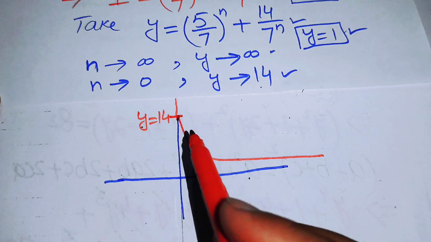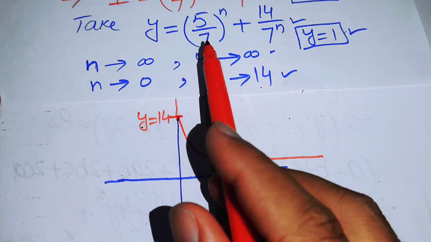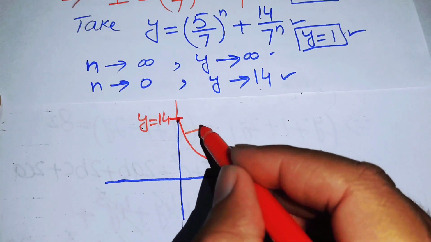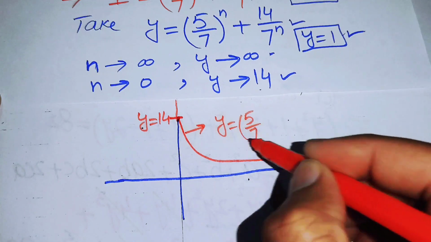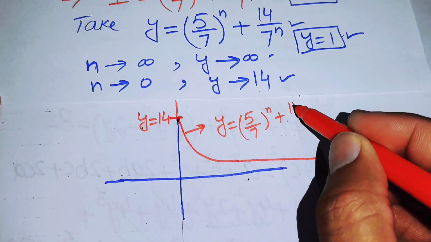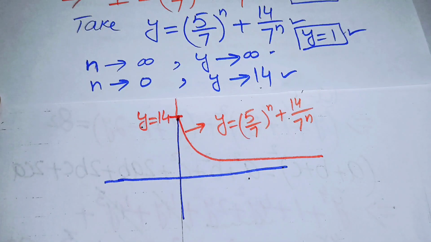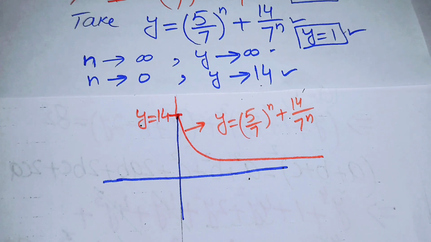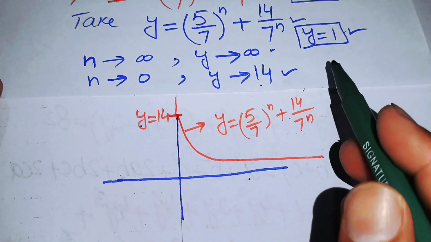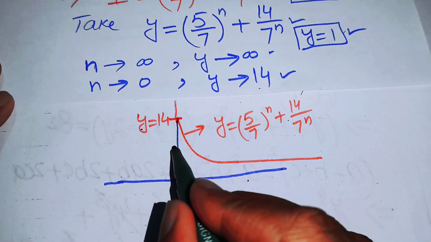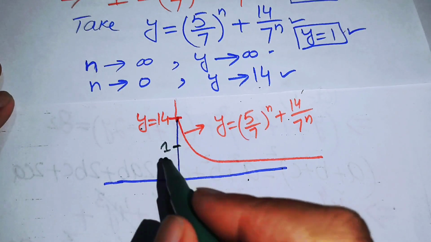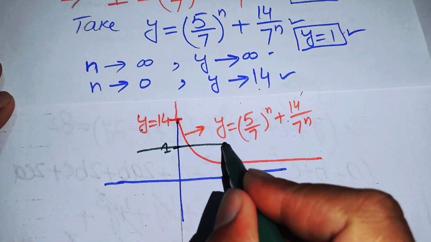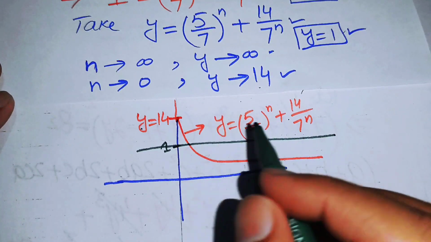And similarly, this is the graph of y is equal to 5 over 7 to the power of n plus 14 over 7 to the power of n. And now we can draw the graph of y is equal to 1. If this is the value of 1, the graph of this function looks like this, because it is a constant function.